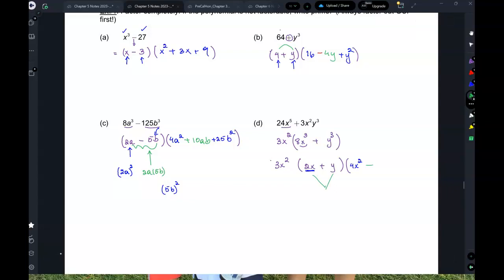Multiply these two together, 2x times y. Lastly, plus square this, y squared. So again, square the first, multiply the two, square the last. 2x times y. Perfect cube, right? Cube root of 8 is 2.